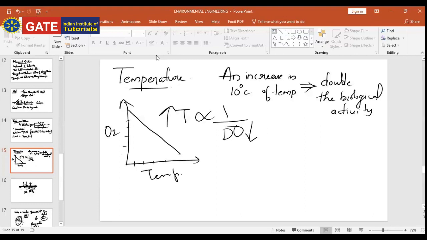Got it? So you can write below. For example, there may be an increase in algal blooms in the water bodies.